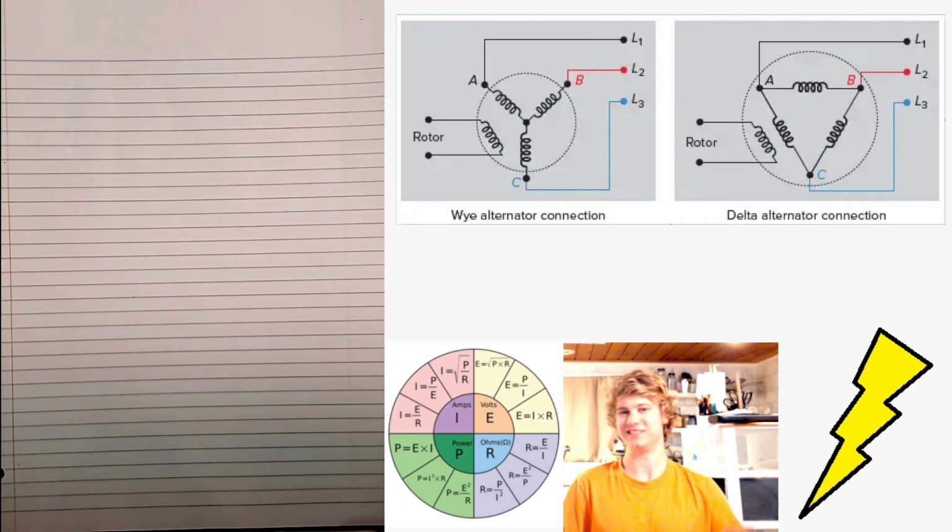We can see here it's showing 4 loops. Doesn't matter that it's 4 loops, it's just the fact that we see the drawing of what looks like a rotor. We can also see where the loops are positioned with the Y alternator. They're all facing a certain way, and the delta, they're all facing on the inside. This is irrelevant. It's just the fact that this is a symbol for a rotor. And we can see the 2 different termination points on either end of the rotor as shown on the left-hand side of either of those pictures.